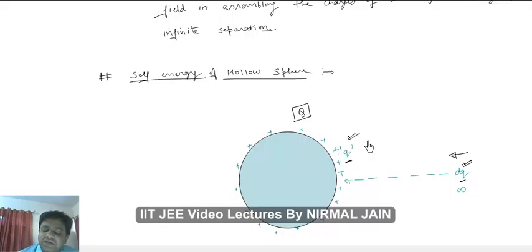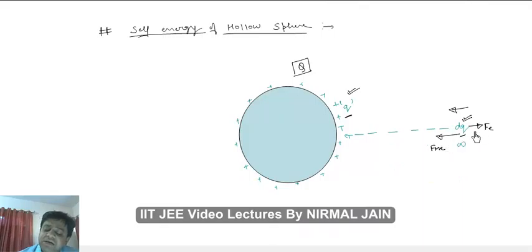In other way, I will say that some electric field will be there, and that electric field will push this dq charge in this direction. And if I want to move this charge dq very slowly onto this sphere, then I'll have to apply some force.